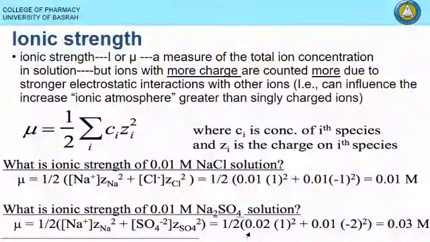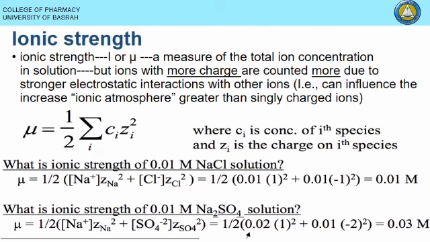The ionic strength was first introduced by Lewis and Randall in 1921 while describing the activity coefficient of strong electrolytes. So the ionic strength of a solution is a measure of the concentrations of ions in that solution. And when we have a more charged ion, it counts more toward the ionic strength because it has stronger electrostatic interaction with other ions.